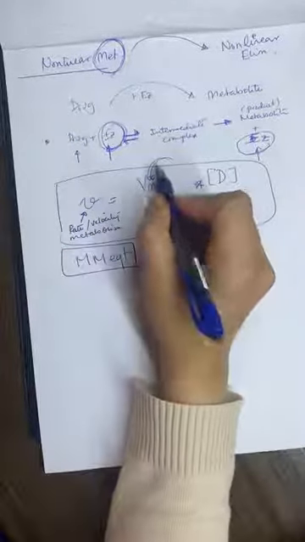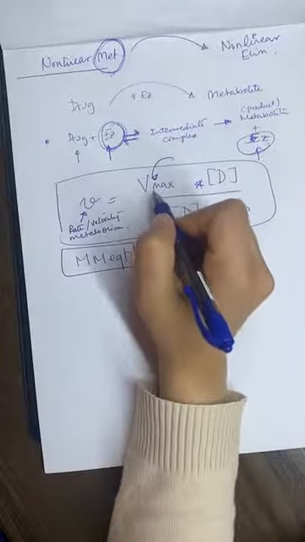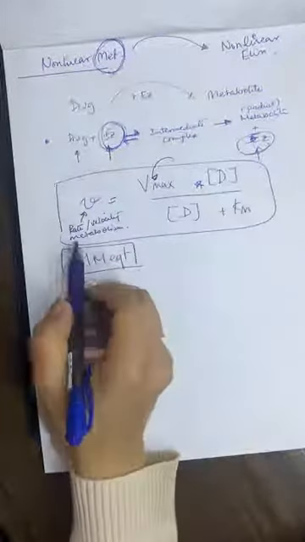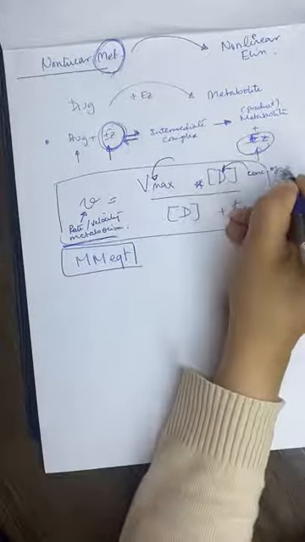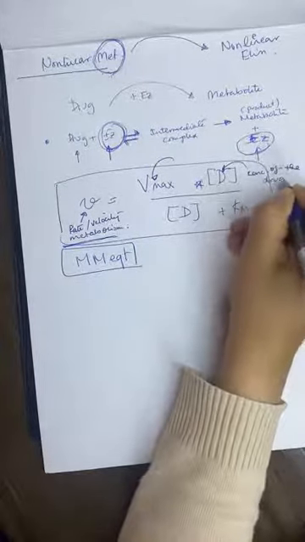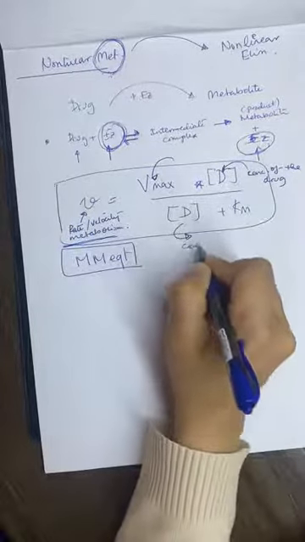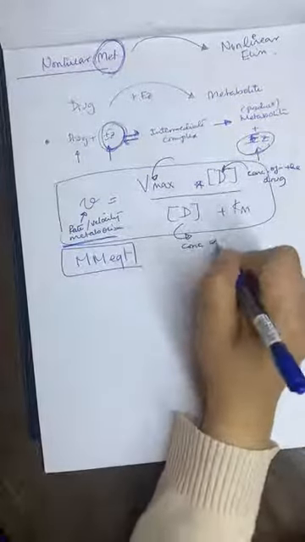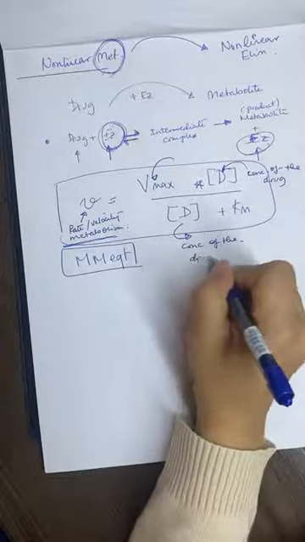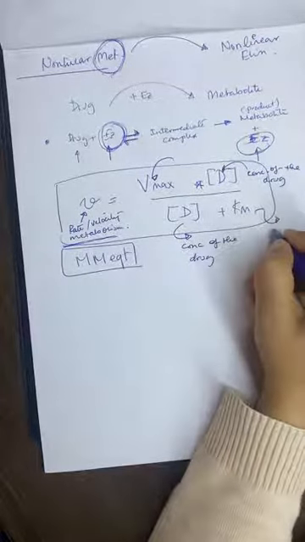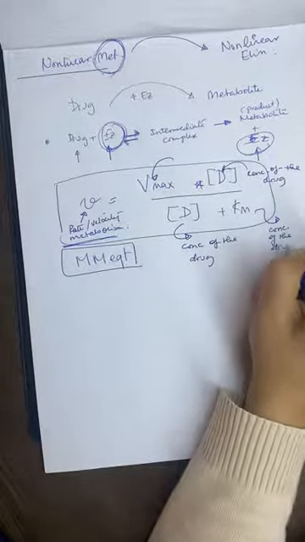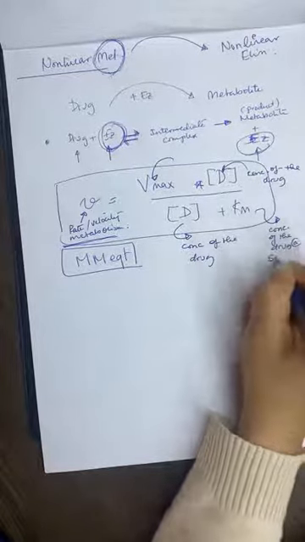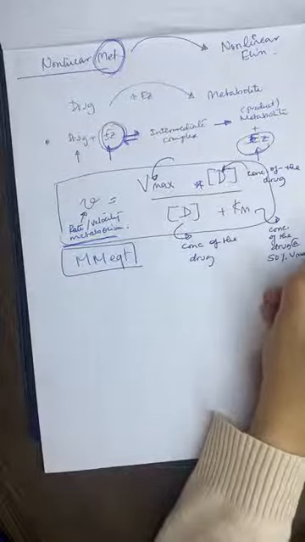This is the maximum rate or velocity that the drug can reach regarding the metabolism. This is the concentration of the drug, and this is the concentration of the drug again, and this is Km, which is the concentration of the drug at which it reaches 50% of the Vmax.